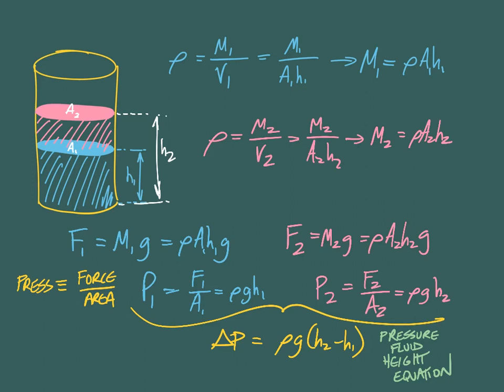I do want to point out, though, that right here, where I have force 1 equals this density area height thing, that area times height is volume.